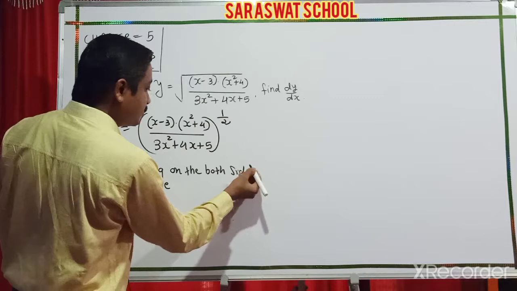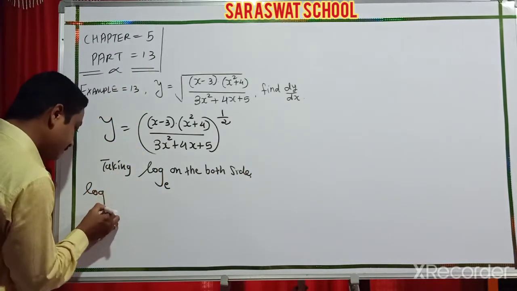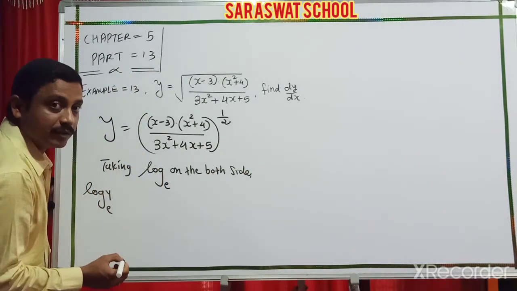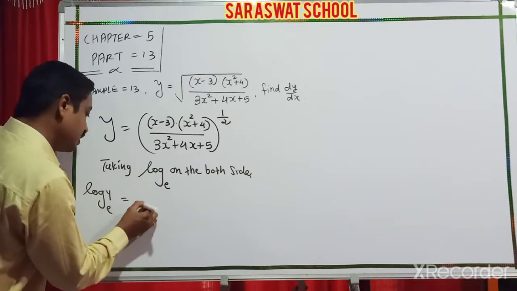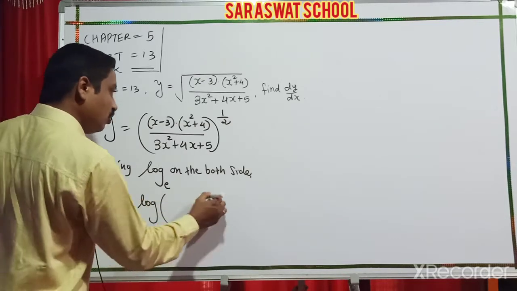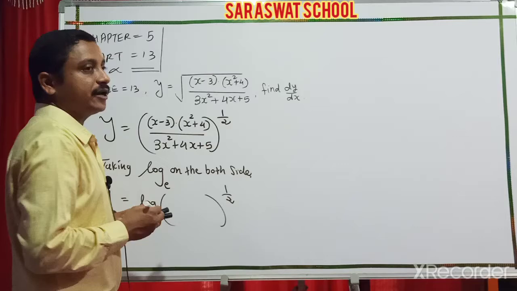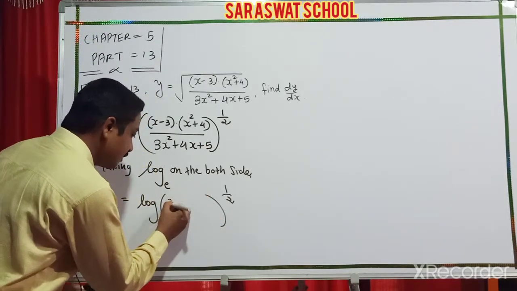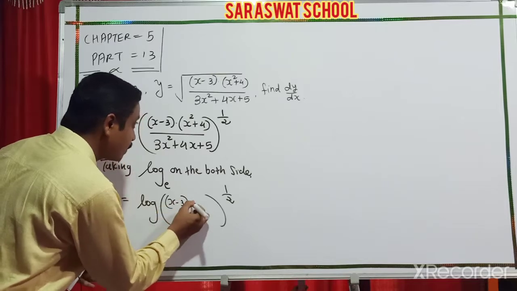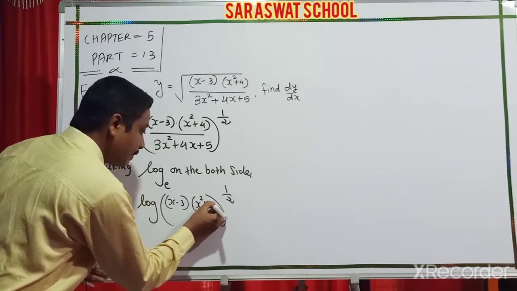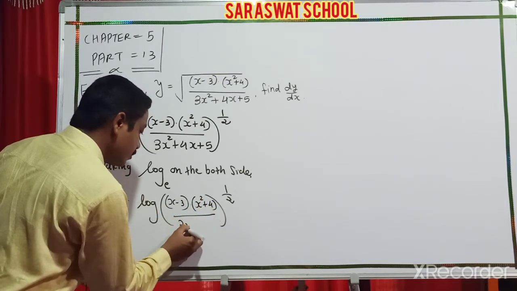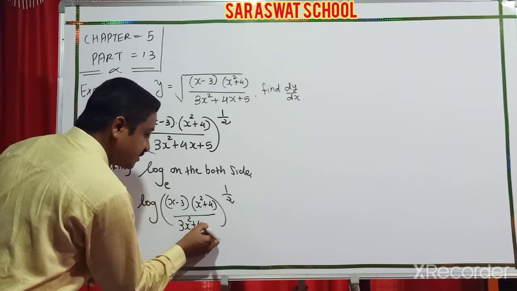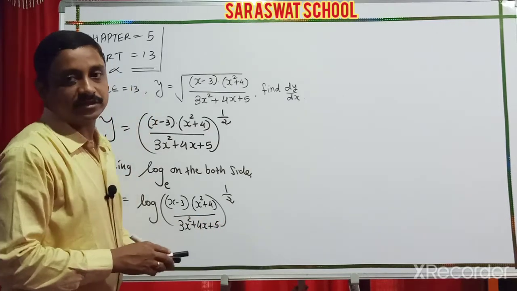So you get, students, here log y base e, and here the log of your full value, as it is raised to the power half. So the value is x minus 3, x square plus 4, over 3x square plus 4x plus 5, the same as before.